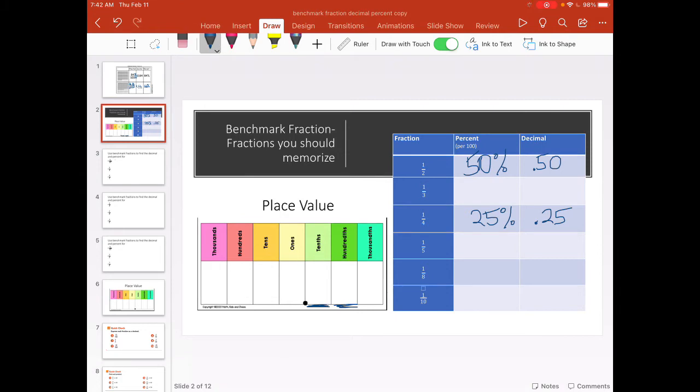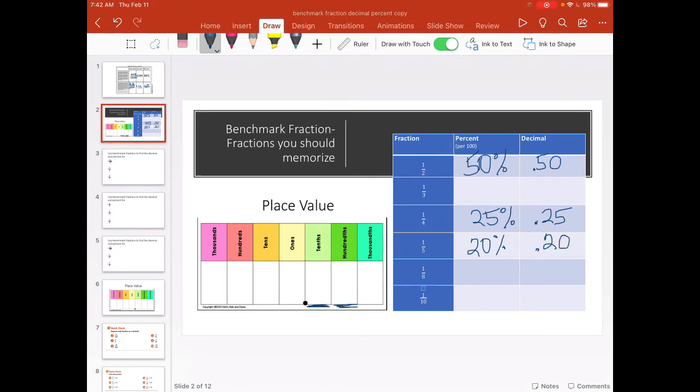A fifth. Well, if I break 100 into 5 different pieces, I'm thinking in my mind, what times 5 is 100? We know that that would be 20. So 20%, and then 0.20, or we could say 2/10 or 20 hundredths.